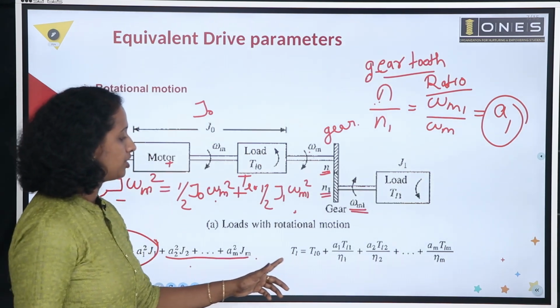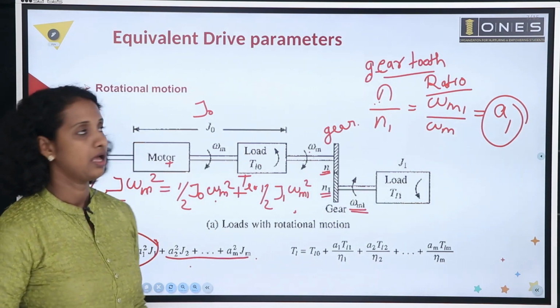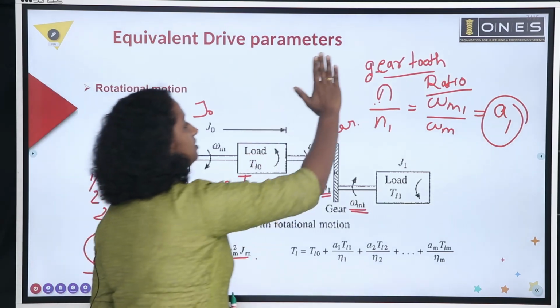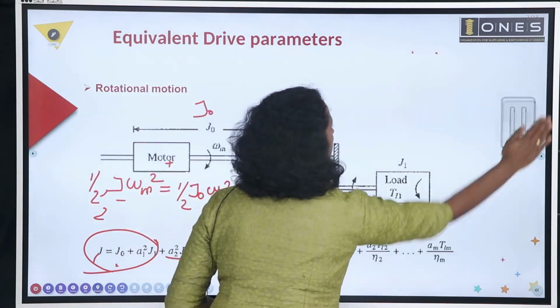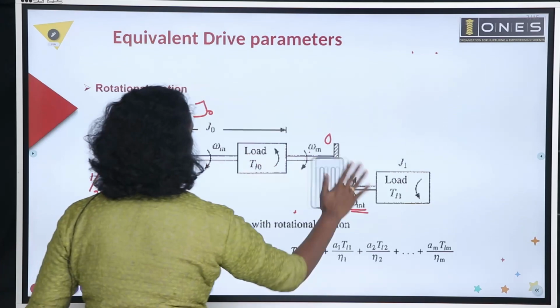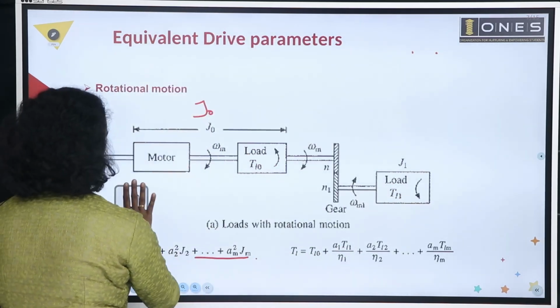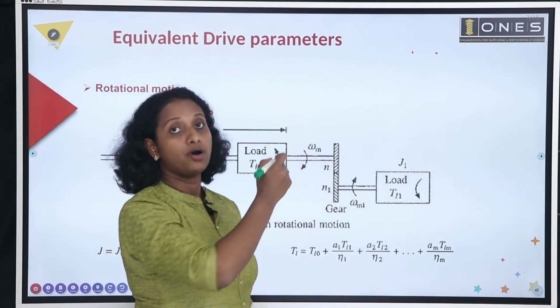Now, in order to find out load torque, we are equating the powers.